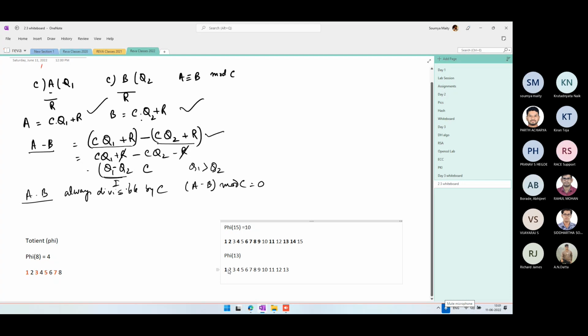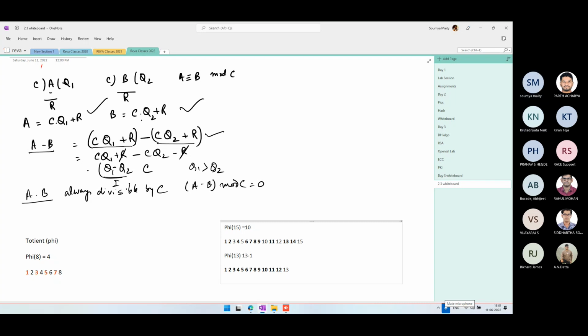All the numbers except 13 itself work, because it is a prime number. So for any prime number, phi of that prime number will be that number minus 1.